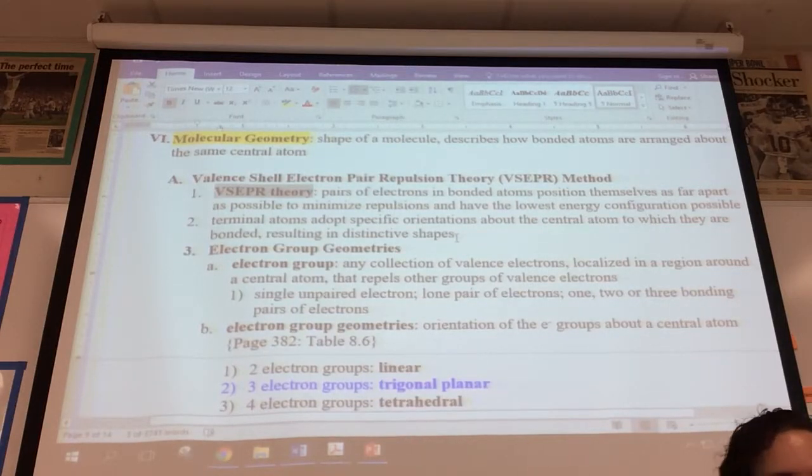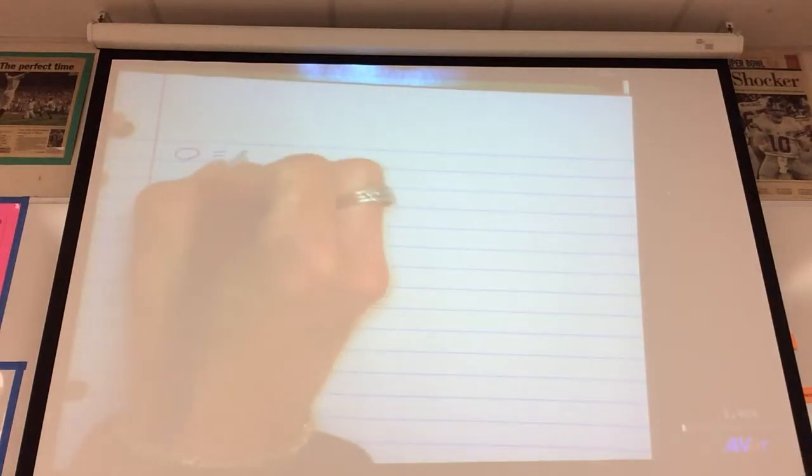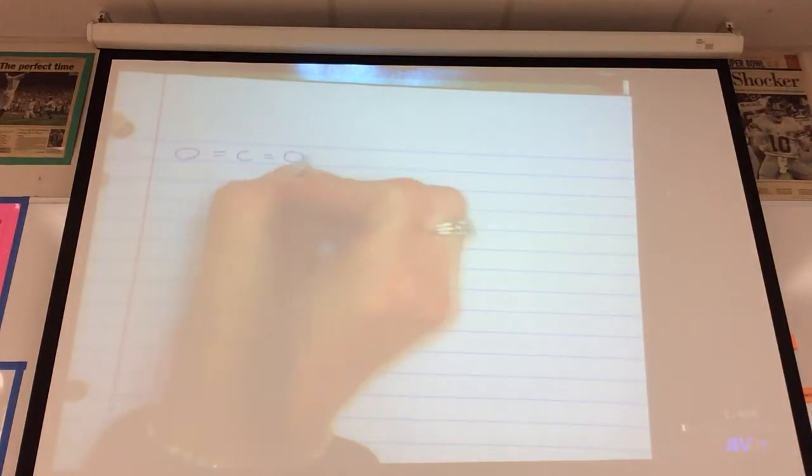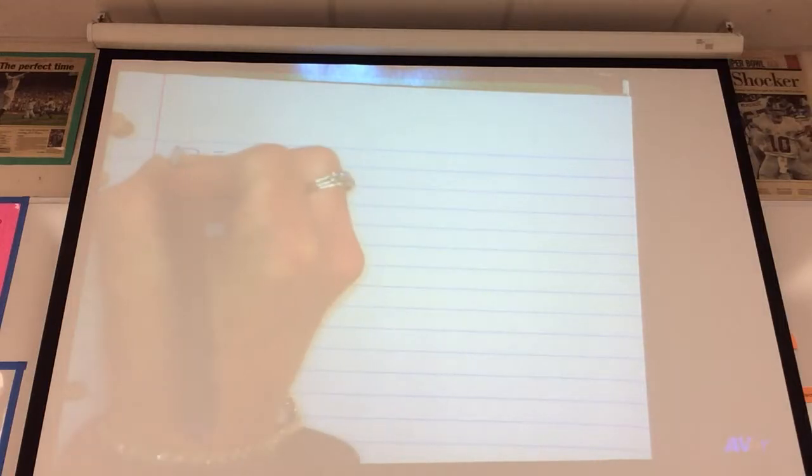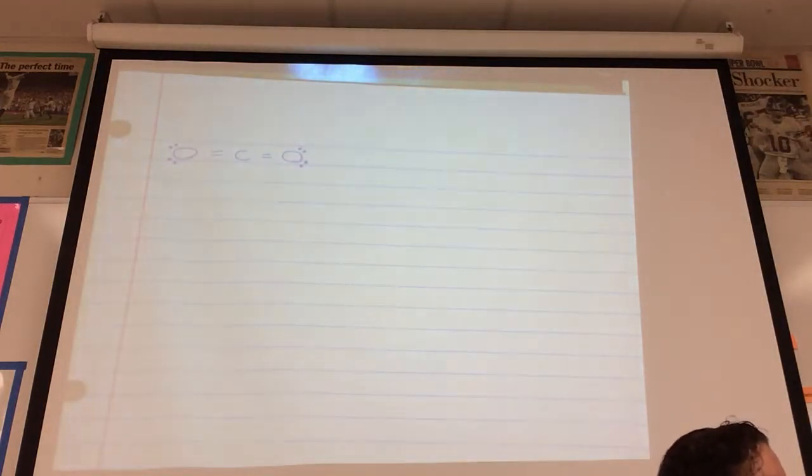And what you're going to see here is when I draw compounds, for example, if I draw carbon dioxide, I will position those electrons as far apart as possible to illustrate their correct location.